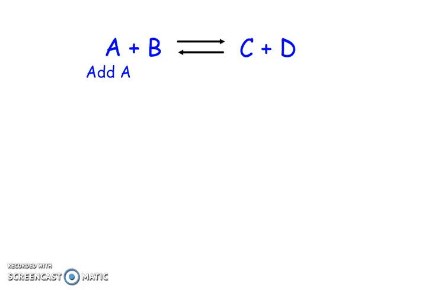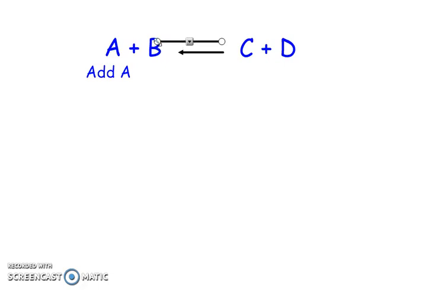So if we think through this in terms of collision theory, we added in more particles of A. Those particles are going to be colliding more often. So the number of collisions between A and B is going to increase, which means the rate of the forward reaction is going to increase.